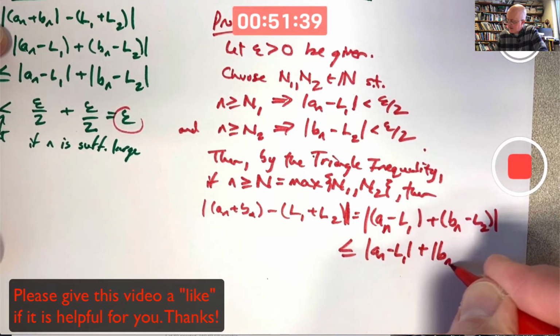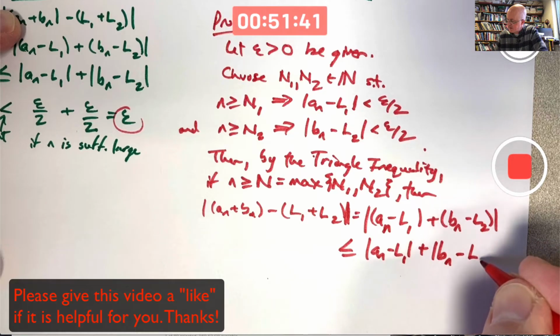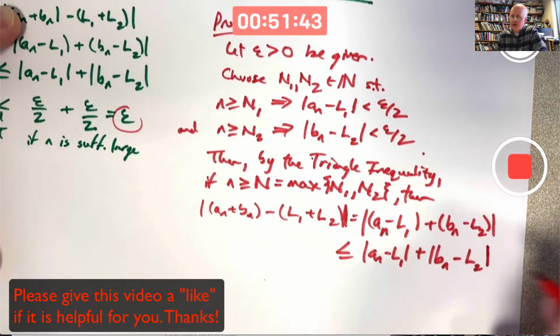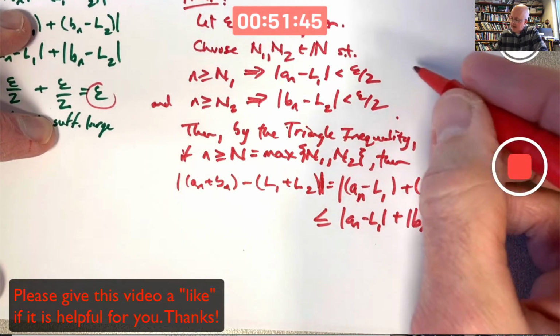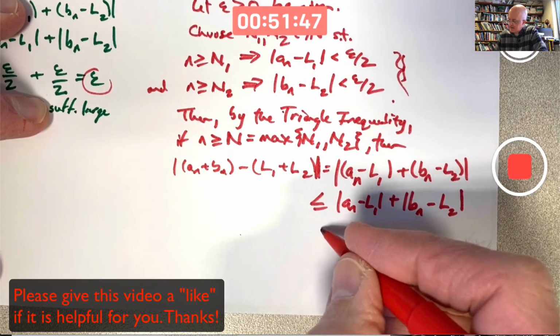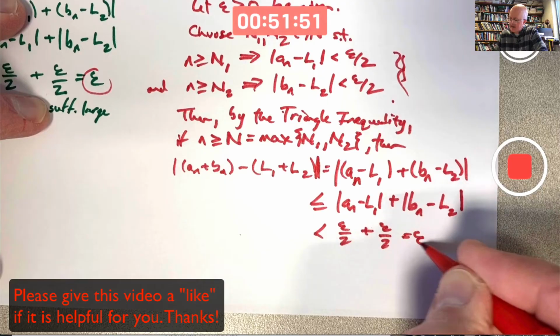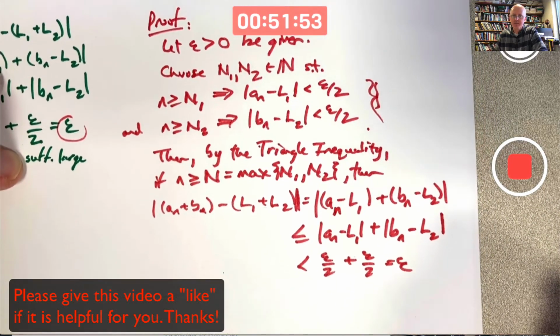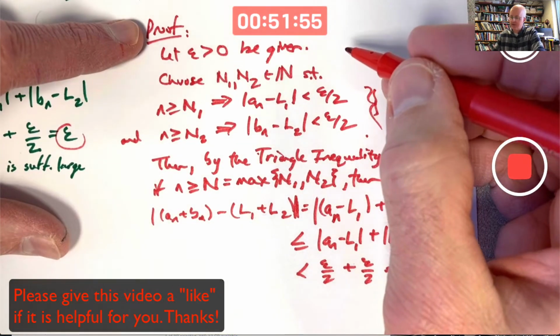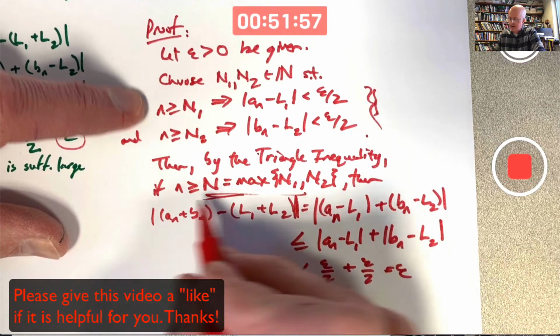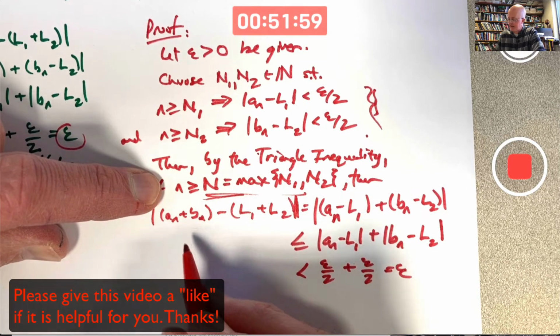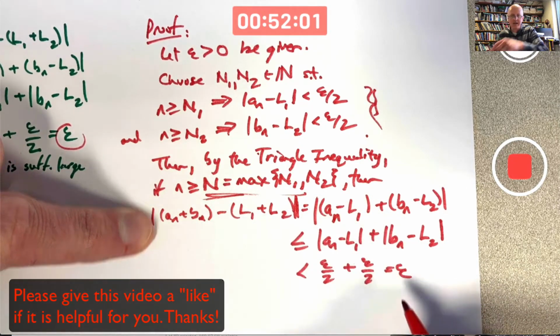And then using the fact that little n is bigger than both capital N1 and capital N2, and using these lines, this is less than epsilon over 2 plus epsilon over 2, which is epsilon, and that means we're done. For all epsilon greater than 0, we found a capital N, so that if little n is greater than or equal to capital N, then this distance is less than epsilon.